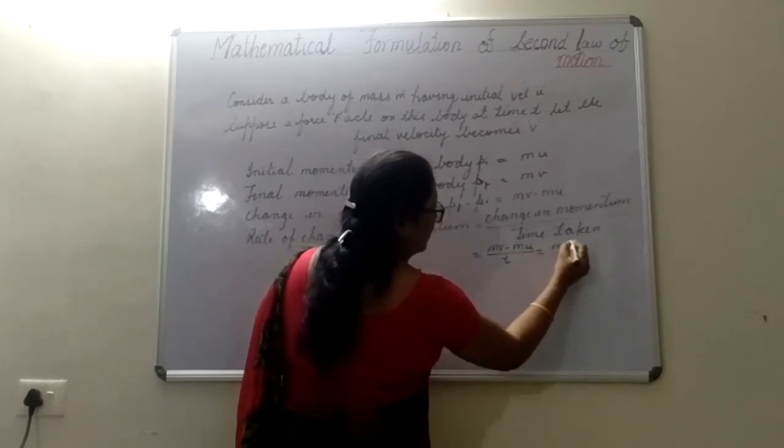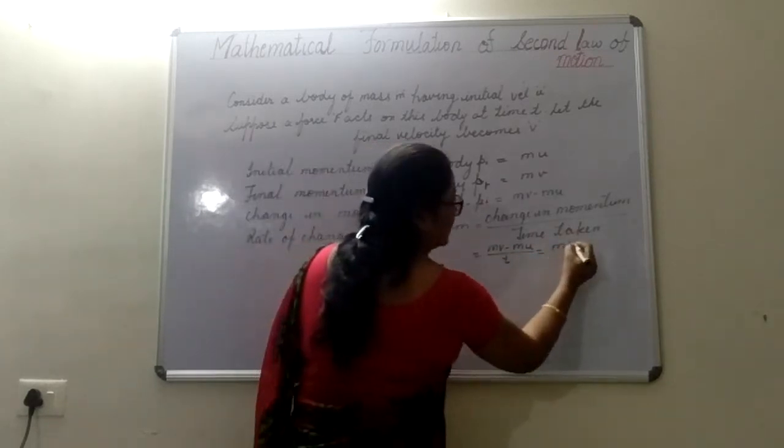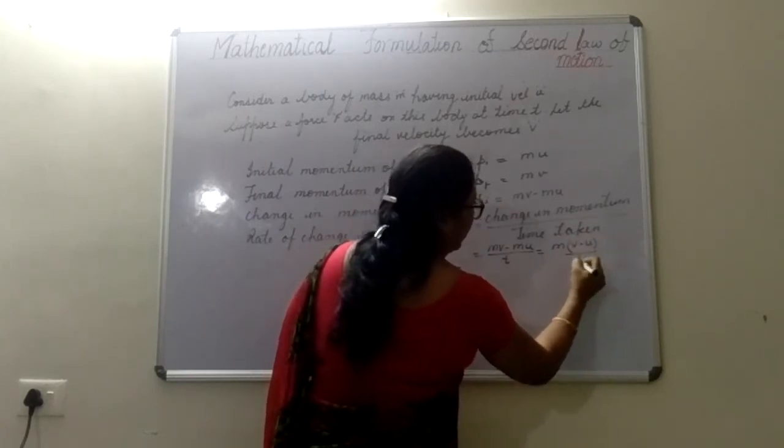Here m I take common. What is left? V minus u divided by t.